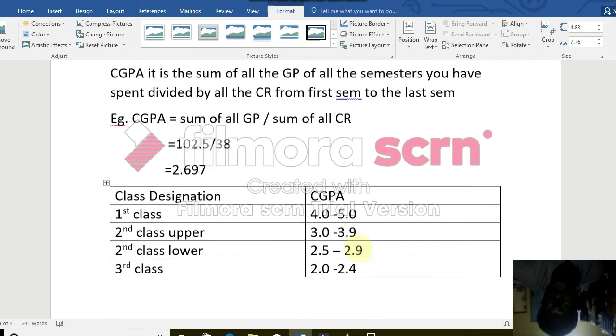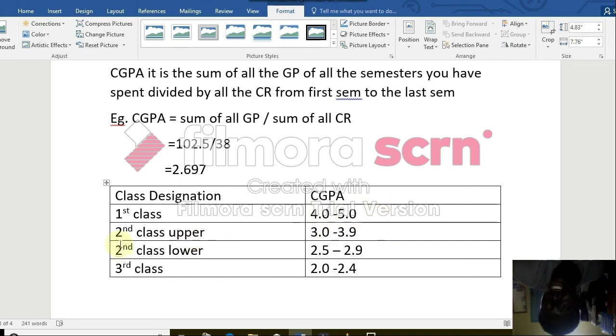After calculating your CGPA and the GPA, you need to know the class that you are taking home or the class that you are right now. Looking at the first class, you have to get a CGPA of 4.0 to 5.0 before you can get first class.